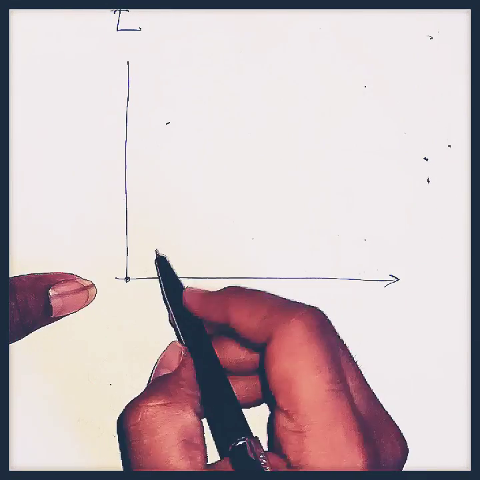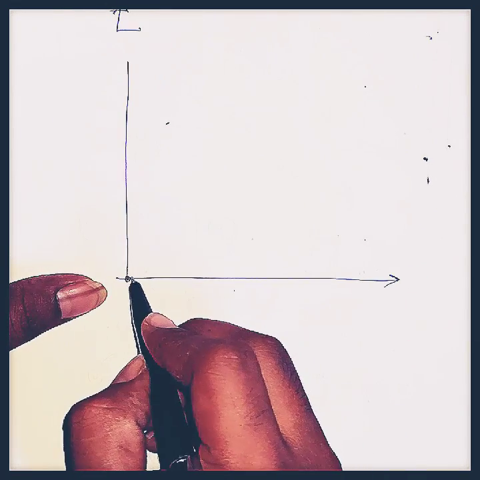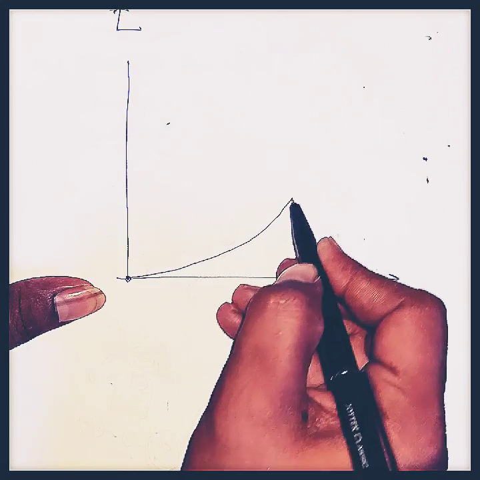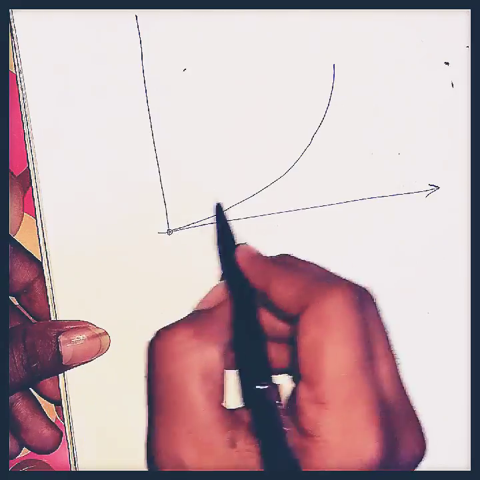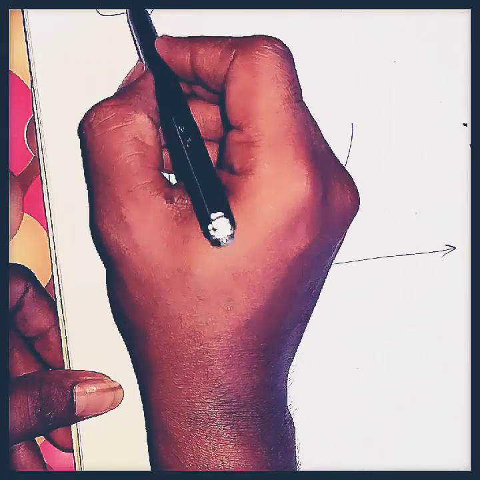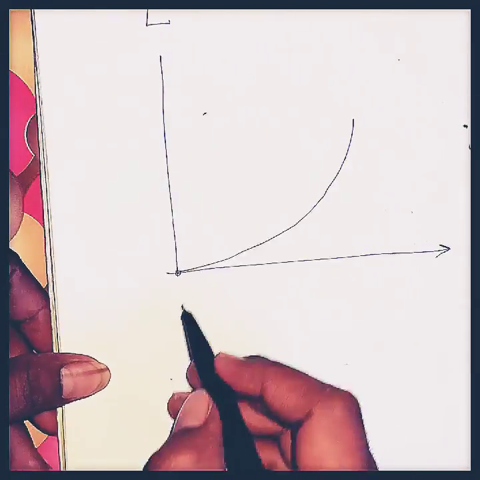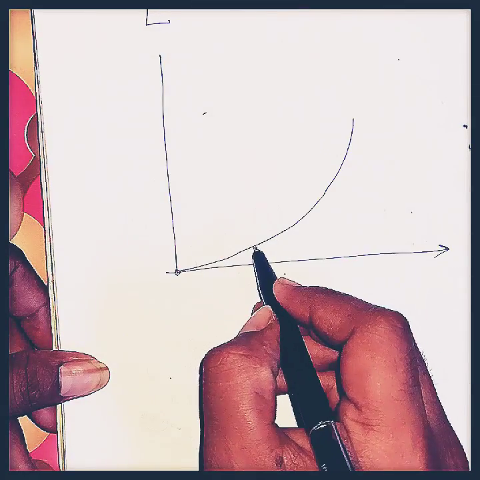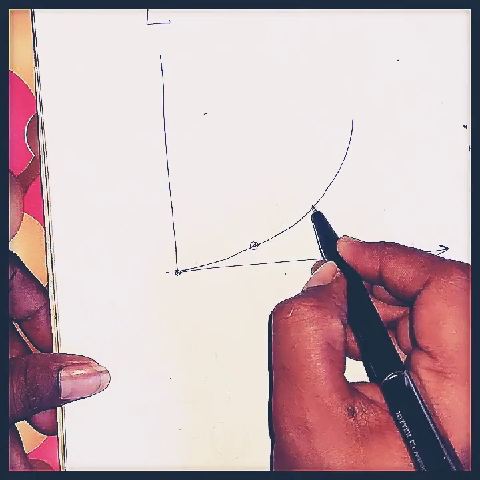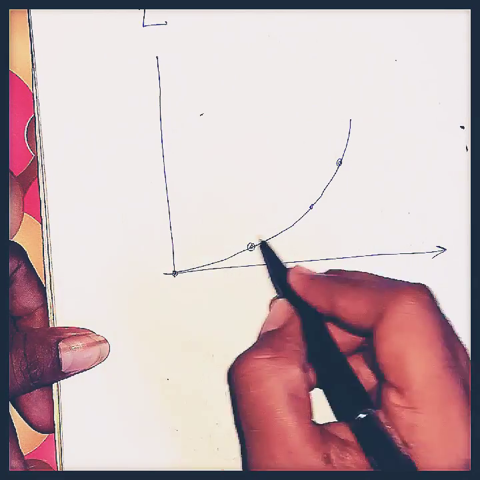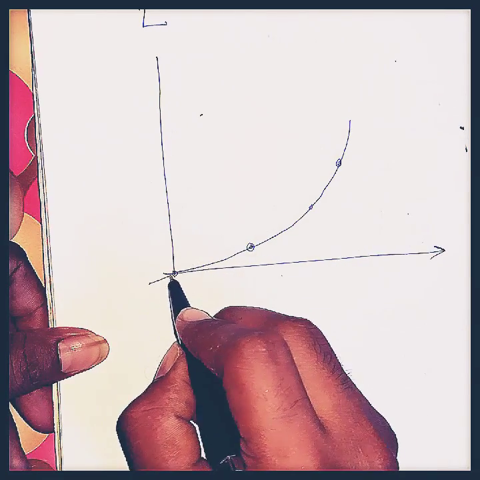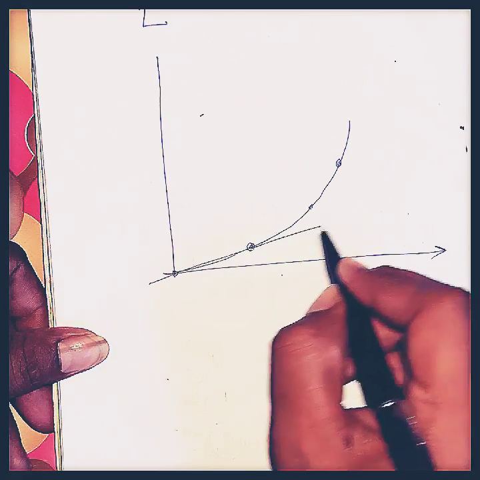For example, if we consider the dilatant fluid, which is a non-Newtonian fluid, the graph will be like this. Here, considering mu A, the apparent viscosity, I am considering 2 points like this. If I draw a tangent to this curve, it will pass through this point like this.